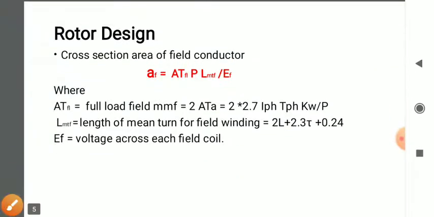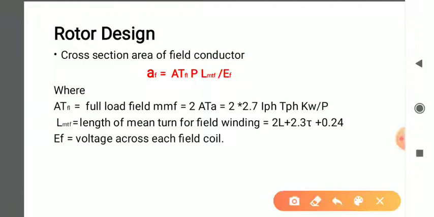Now the next point is the rotor design. Most important in the rotor design is how to decide the cross sectional area of the field conductor, because as we know the rotor carries the field winding. So the area of the field conductor is calculated by using the expression ATFL into P into LMTF divided by EF.